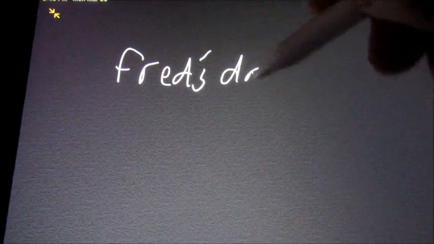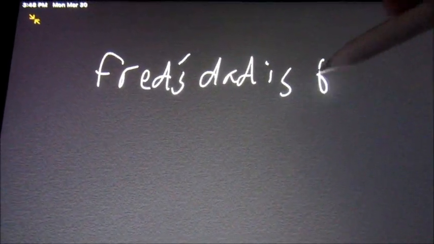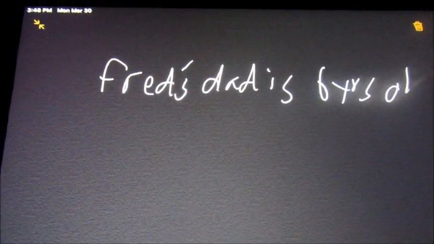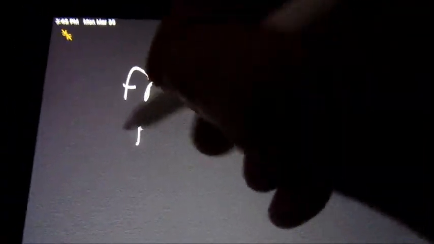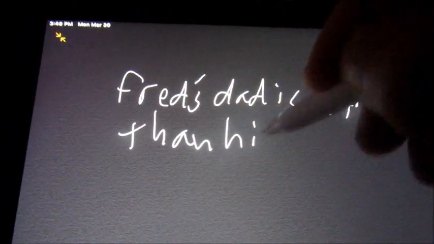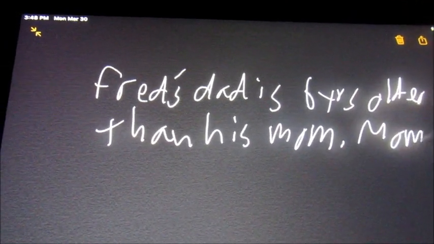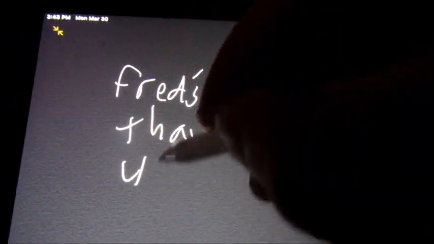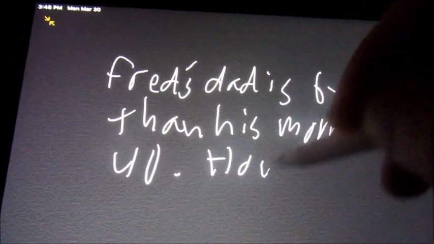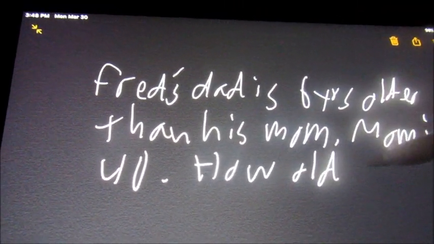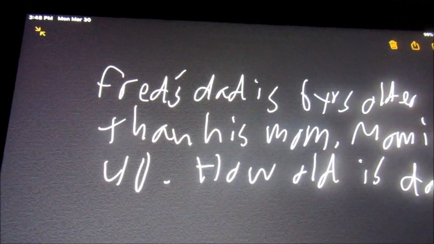Okay, then the next kind says Fred's dad is 6 years older than his mom. The mom is 40. How old is dad?